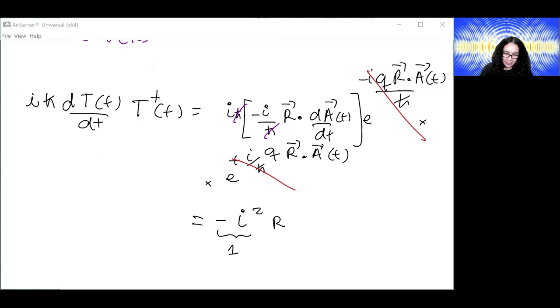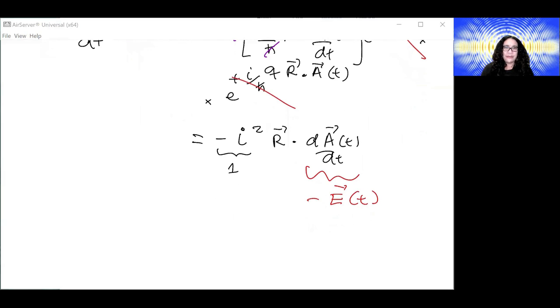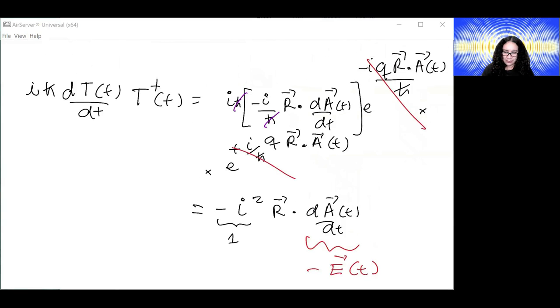And you have R dA dt. But we have seen that this dA dt is minus the electric field. And you have Q, sorry, I forgot the Q. There's a Q missing here too.